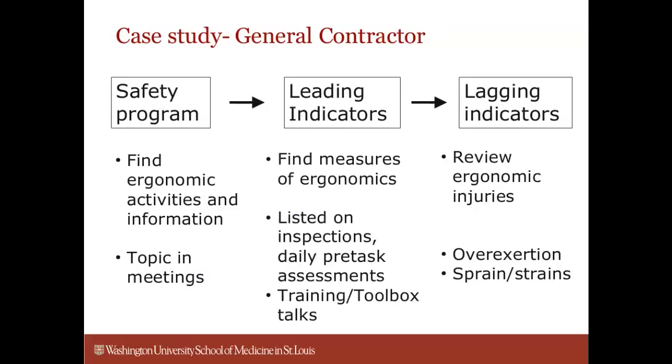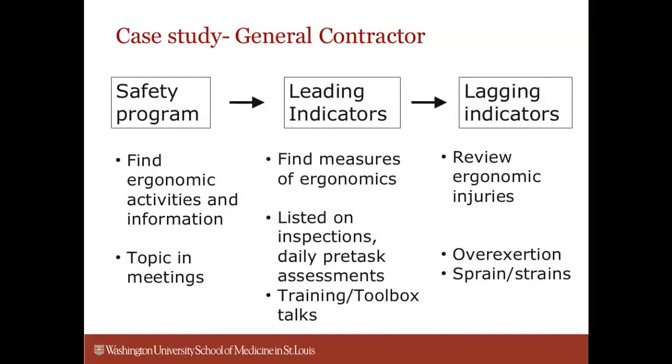Using the framework I just described with the safety program, leading indicators, and lagging indicators, it was suggested to the general contractor to review the ergonomic activities and information that they had in their program. These would be examples like how many times ergonomics was the topic in a meeting or brought up as one item in a meeting.